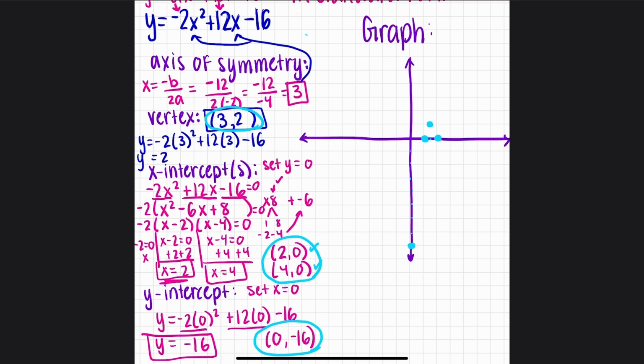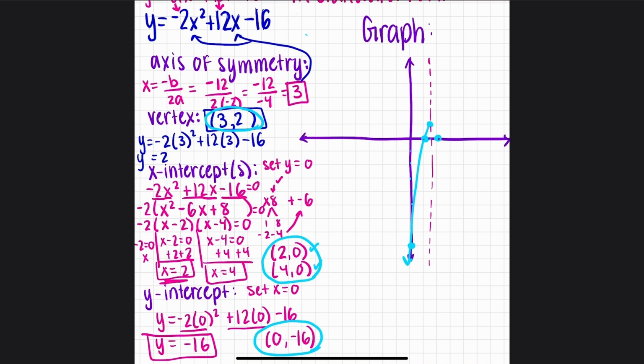And you can go ahead and draw your quadratic. If you want to be a little more specific on where everything is, we know that these U-shapes, they mirror themselves. That's the point of the axis of symmetry. So see how these 2 points mirror each other?